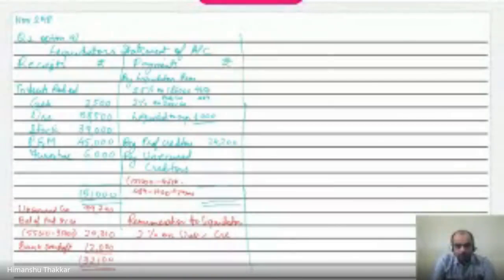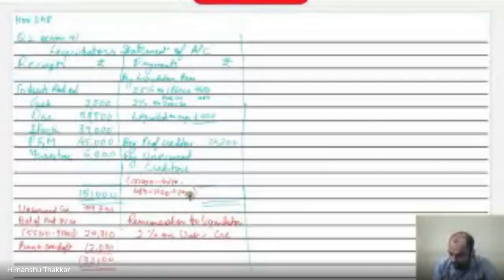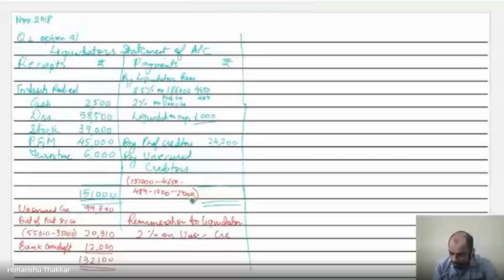So we have skipped debentures and moved on with the unsecured. Now what is the amount that is left in hand after deducting all this? Whatever amount is left, that is 102. What amount is left?